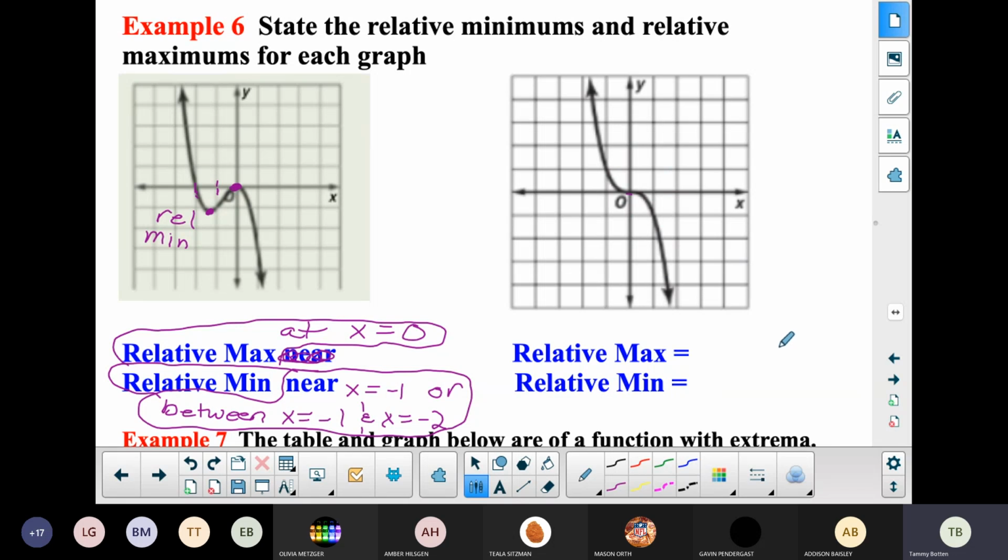So when it doesn't have a point that dips down or goes up and comes back down, this one has no relative maximum and no relative minimum, because your relative max is really infinity, which we wouldn't write, and your relative min is negative infinity.